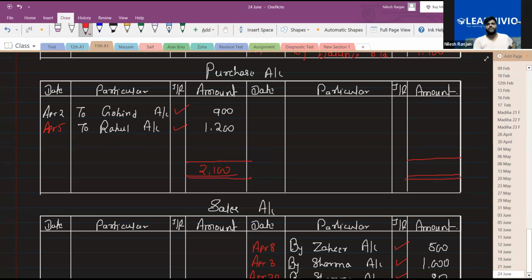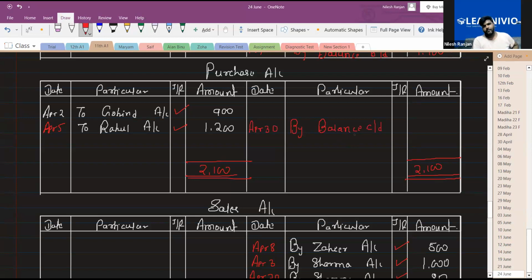That is trial balance. So 2,100, by balance CD 2,100 and to balance BD 2,100.